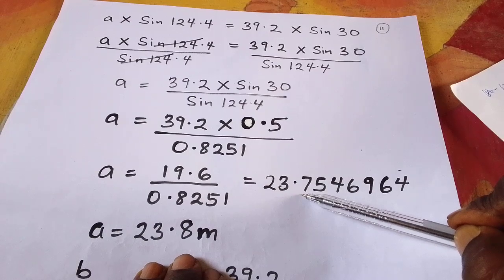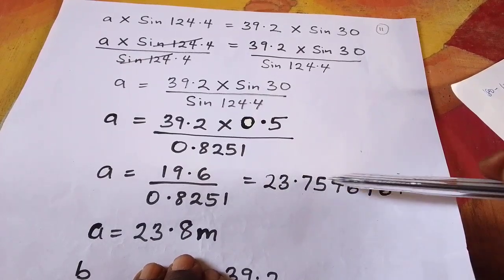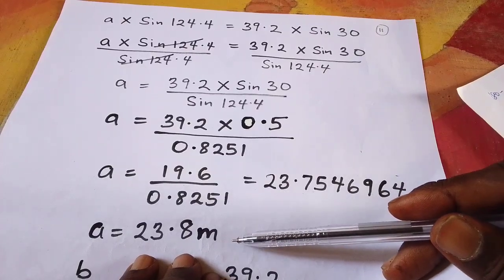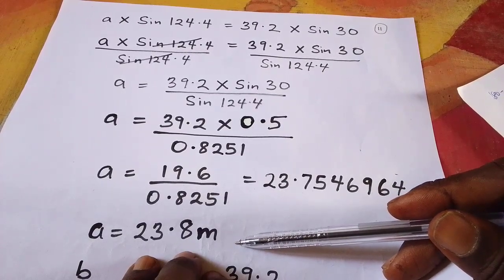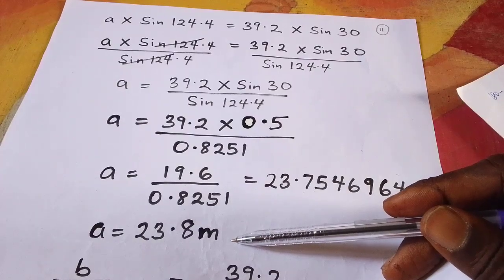The next number is 5, up to 5, so you add 1 to this 7, making it 8. Then you cut off the remaining decimals. So that means you'll be having 23.8 centimeters.